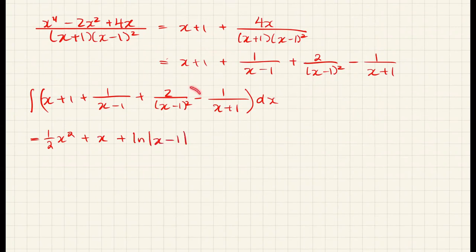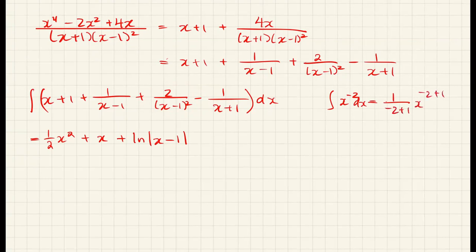Now for this one, note that the antiderivative of this is actually going to be similar to the one if we were to integrate x to the power negative 2. So if we integrate this, we would get 1 divided by negative 2 plus 1, x to the negative 2 plus 1.